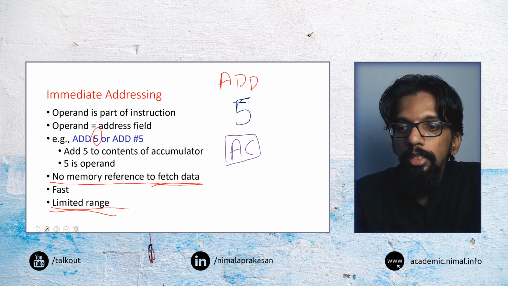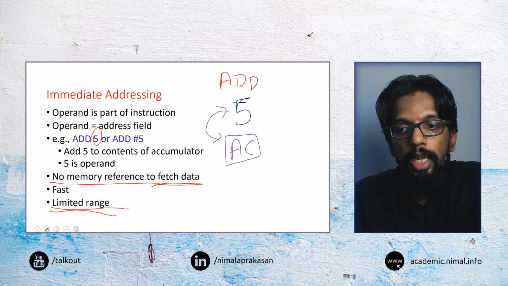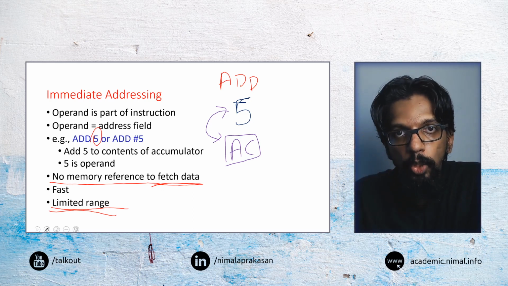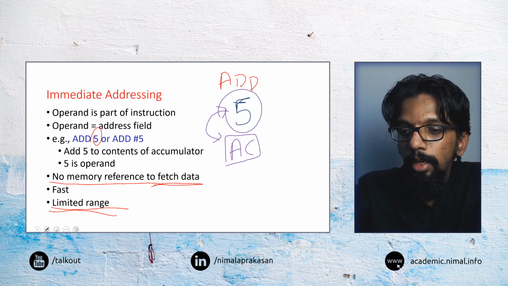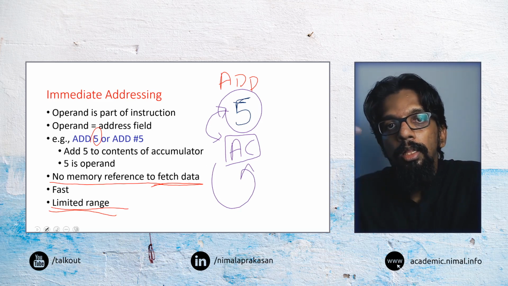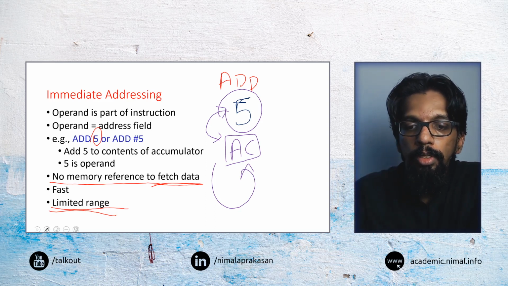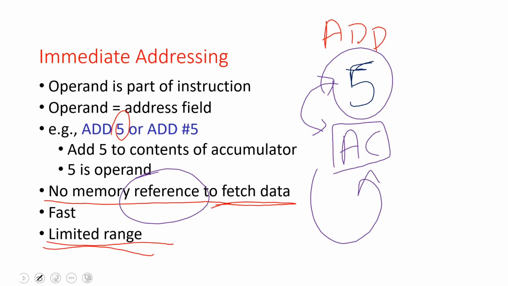So what we would do is add these two values, that is, whatever value is in the accumulator with this value, and store the result back in the same accumulator. Because of that, there's no need to reference any particular memory location. So that is immediate addressing, where we are not using any particular address reference and the operand is itself part of the instruction.